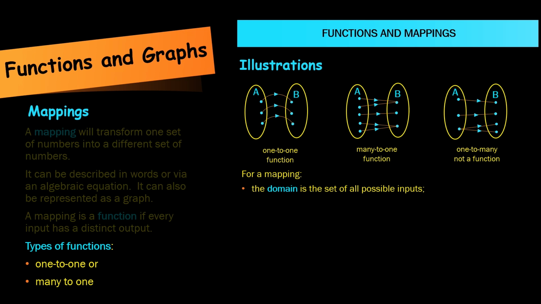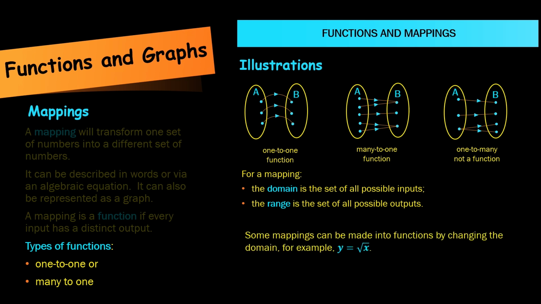For a mapping, the domain is the set of all possible inputs, and the range is the set of all possible outputs. Some mappings can be made into functions by changing the domain. For example, y equals root x. Here's a sketch of y equals root x.